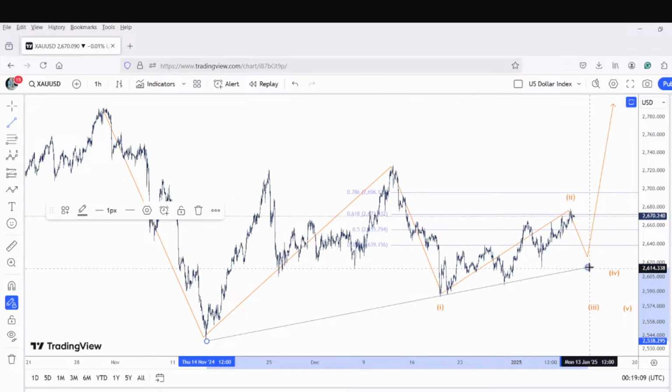It's not necessary it's going to touch this, but most of the time it does. It tests the resistance trend line, produces an underthrow most of the time, and then pushes higher again. So that would give us an opportunity to take profits and reverse from here. So as discussed in the last session, we will review the chart when price action is there.